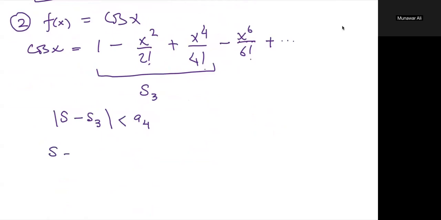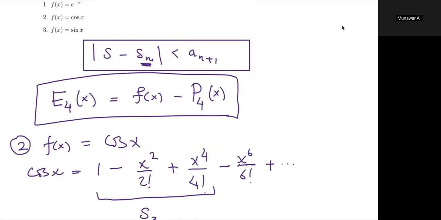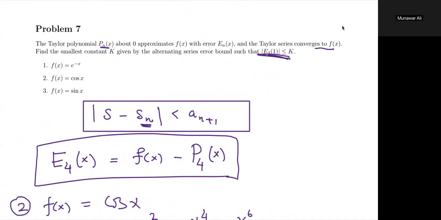So S minus S3 should be less than A4, which is x to the 6 divided by 6 factorial, evaluated at 1, as you can see here.